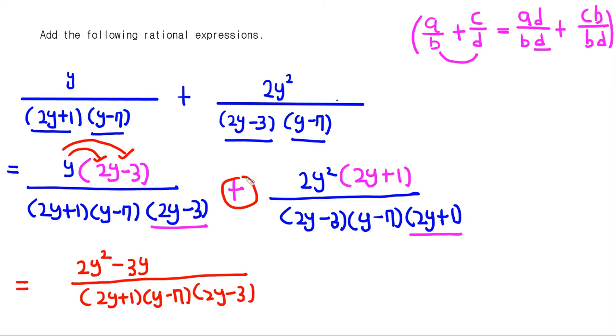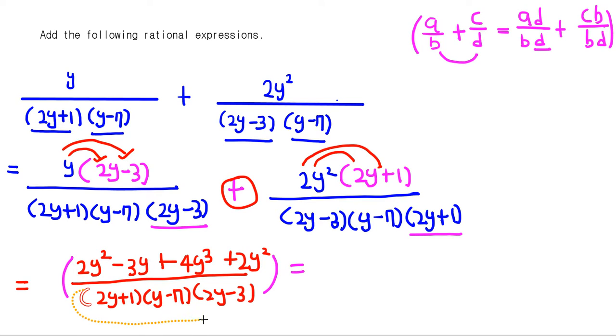And it is plus, we need to see this sign, plus 2y squared times 2y, which is positive 4y to the third power, plus 2y squared times 1, which is positive 2y squared. We can simplify this expression, and we need to remember that we can only simplify like terms. So let's simplify, and let me copy this denominator because it is going to stay equal.